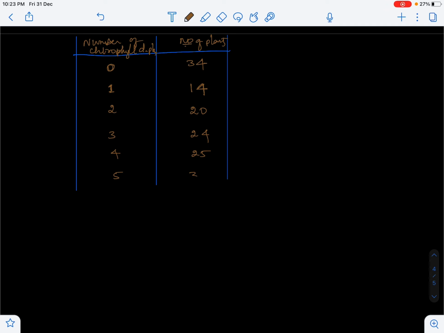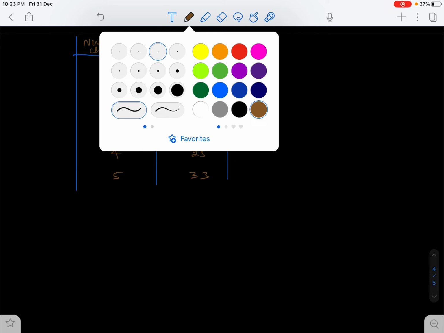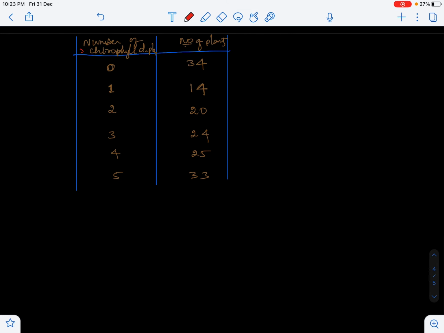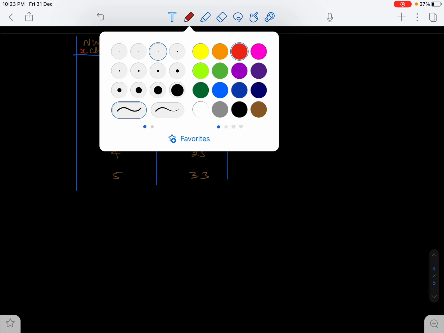Now we have to find the arithmetic mean. You can use the direct method, formula x bar. So to do this, we should multiply this x and this f, that is fx.